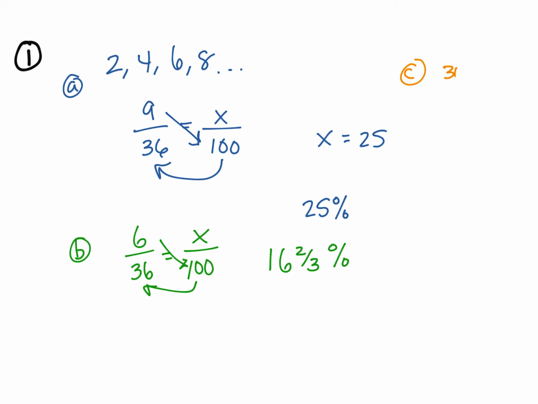I counted 30 of them. If we cross multiply and divide, we get 83.3 repeating. But 0.3 repeating is the same as 1/3. So 83 1/3% for part C.